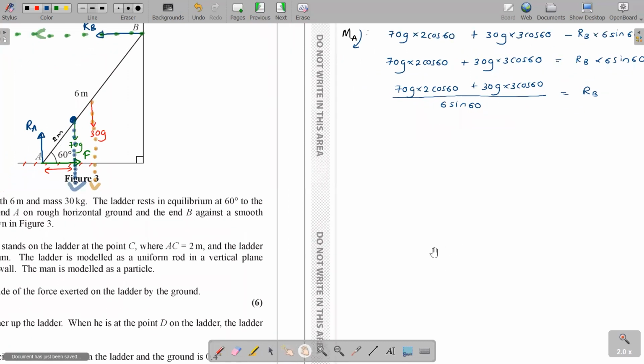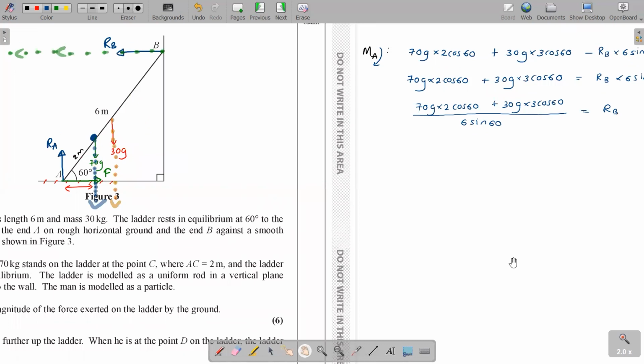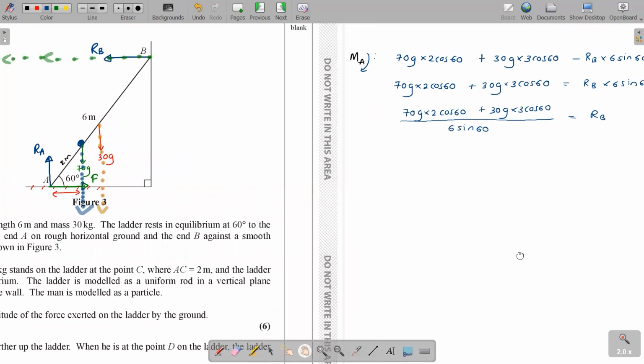You give G as 9.8, right? What's the rule when you give G as 9.8? You must give your answer to either 2 significant figures or 3 significant figures. So how much is it? 216.8912, something like that. Don't leave the answer like this. Give it to 3SF. So 217 newtons. This is the reaction at B.